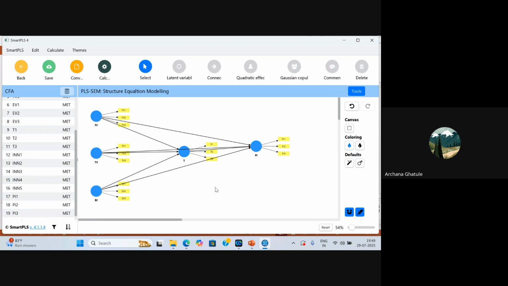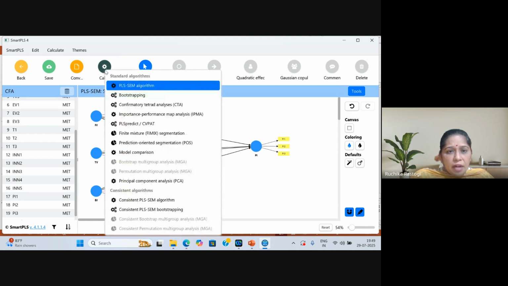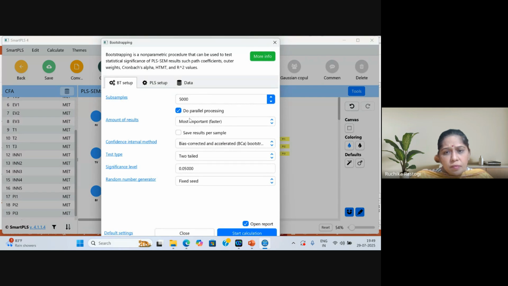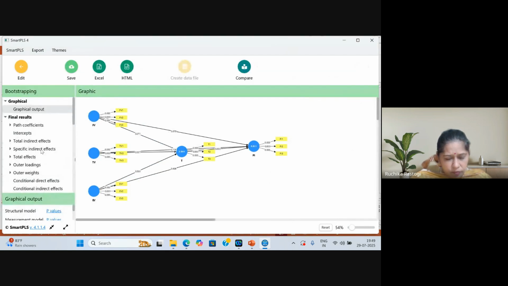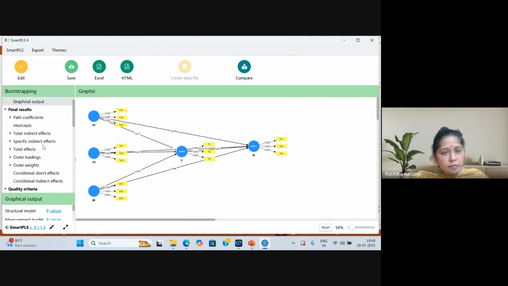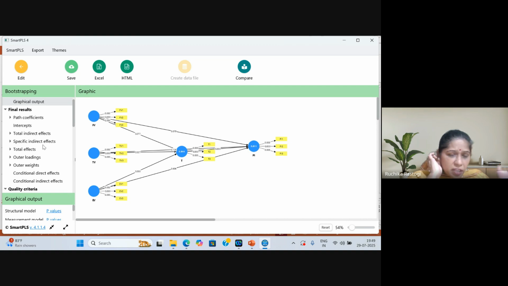We'll click on calculate, bootstrapping, start calculation. Here also we are taking bias bootstrap, yes.